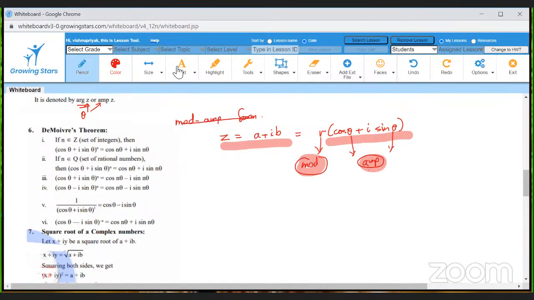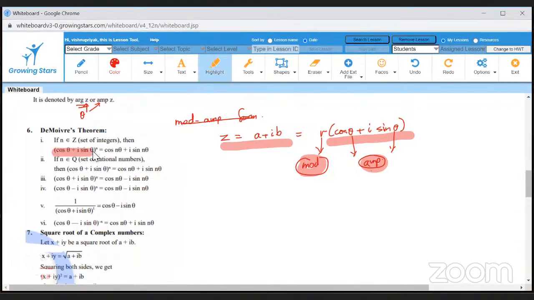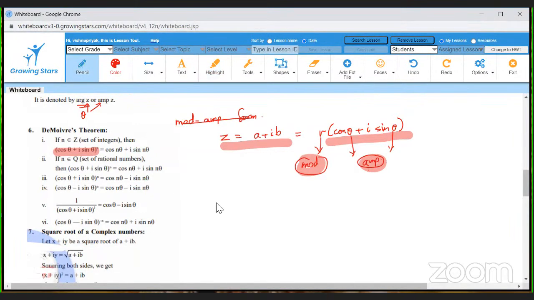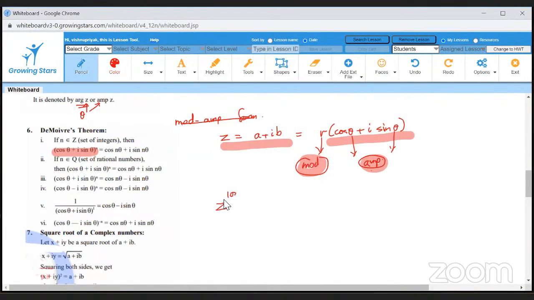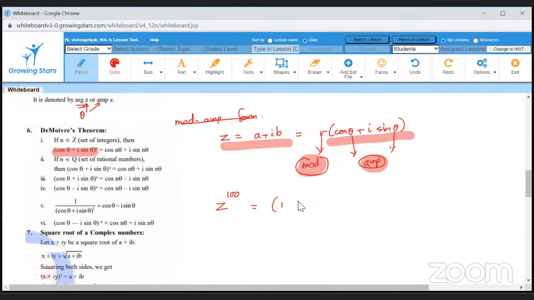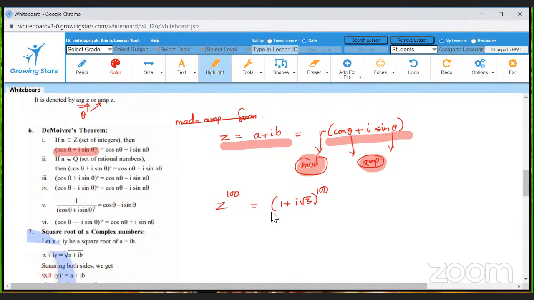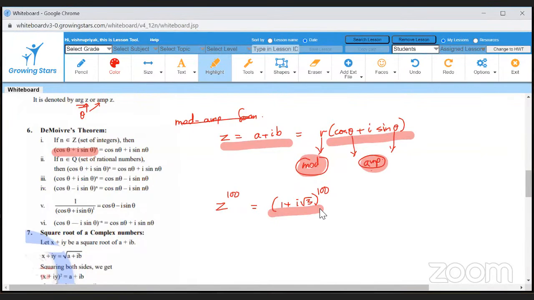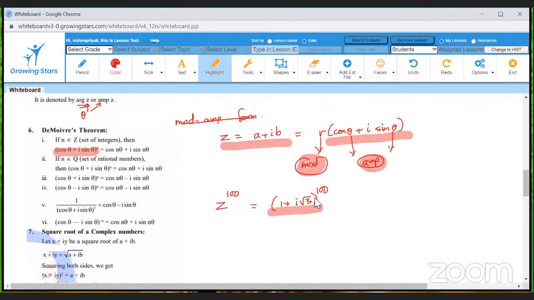So once you write a complex number in mod amp form, suppose you have (cos theta plus i sin theta) whole power n. Suppose you have z power 100. Suppose you have (1 plus i root 3) power 100. Power 100 is a very big number.